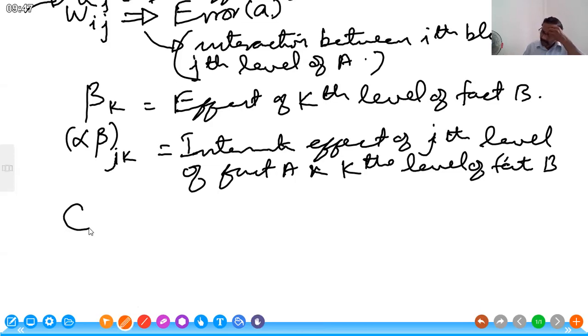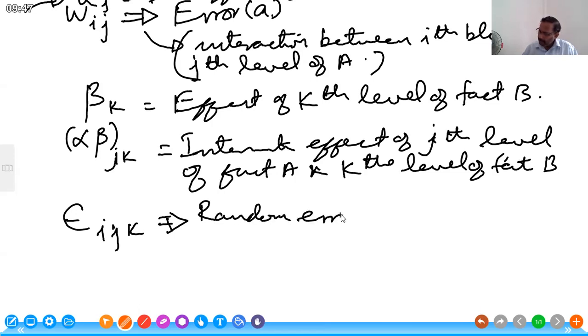What is the last? Error term, eijk. You can explain it. It is the random error. You can say it is the error term or random effect.